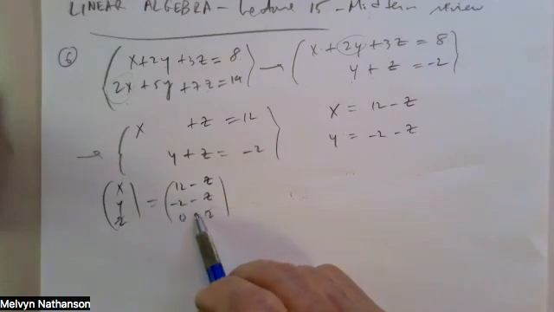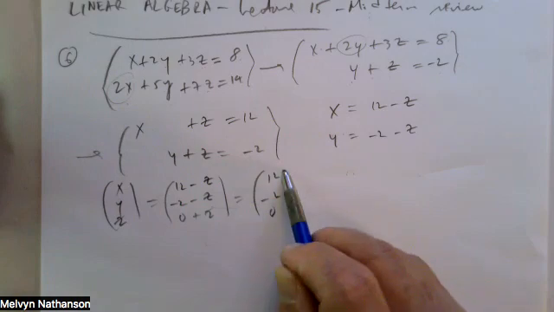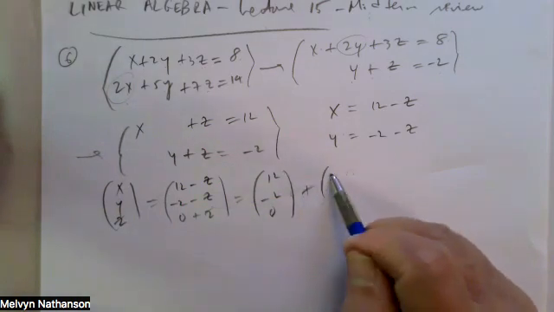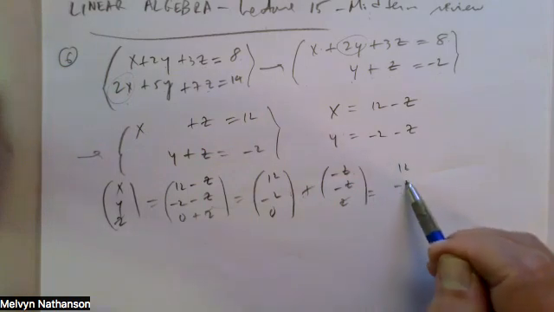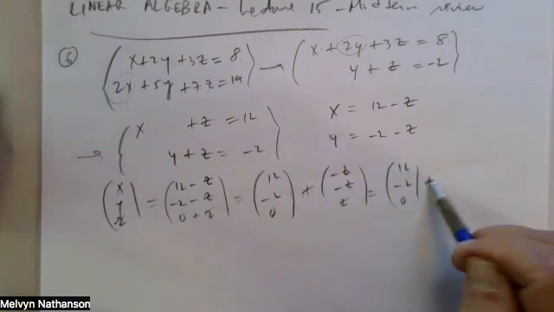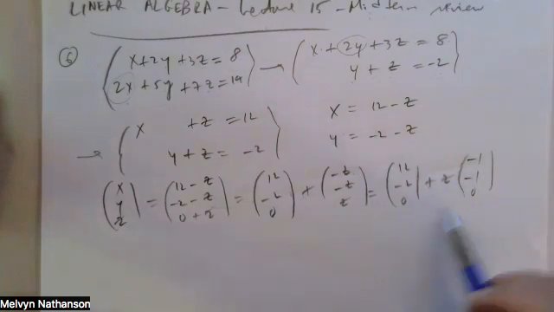I can think of this as the vector (12, minus 2, 0) plus z times the vector (minus 1, minus 1, 1).